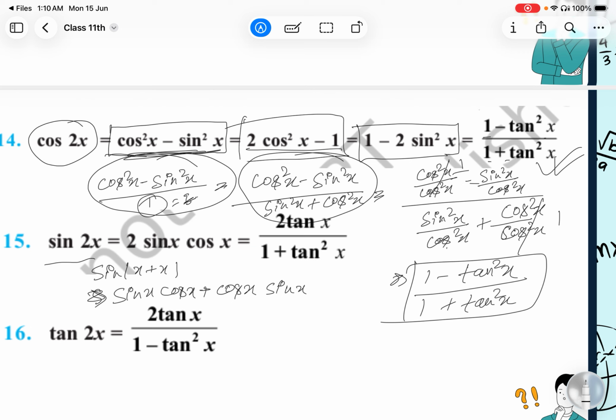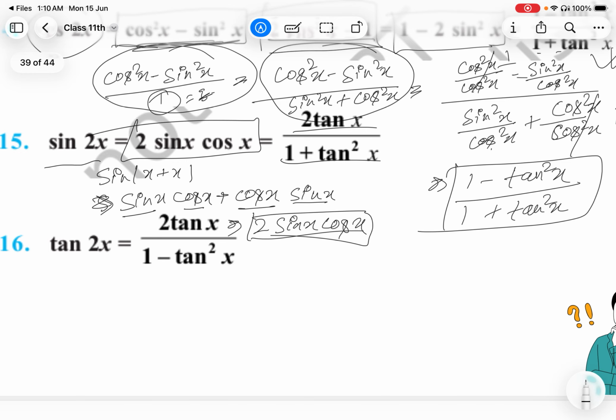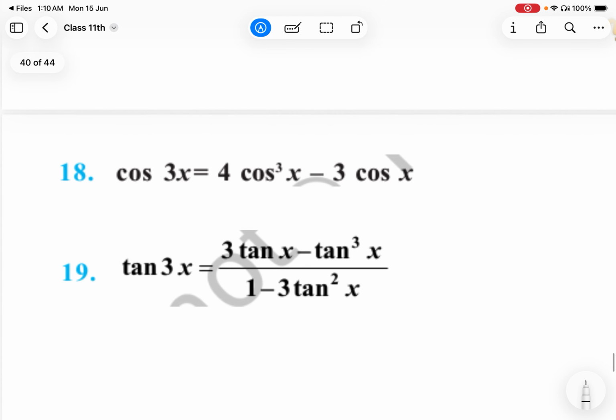So you see, now we have sin x cos x, sin x cos x. So can we write this as 2 sin x cos x, you see here. Okay, and when we divide this, we will get this term also. Now we have tan 2x equal to 2 tan x by 1 minus tan square x. So same like this we have to do this.